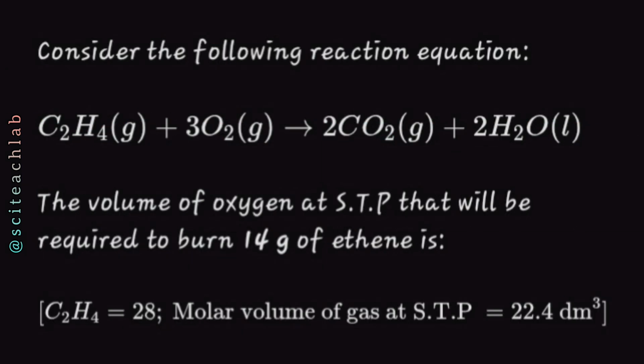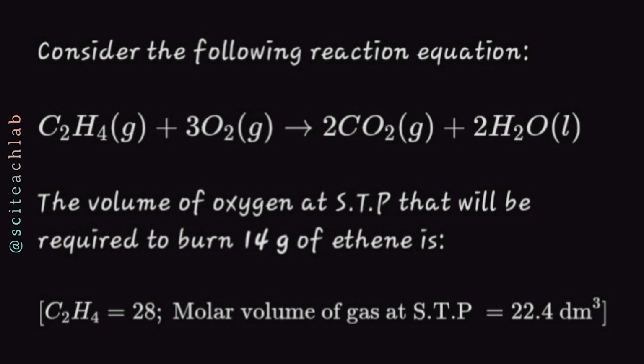Consider the following reaction equation. C2H4 gas plus 3O2 gas yields 2CO2 gas plus 2H2O liquid. What will be the volume of oxygen at STP that will be required to burn 14 grams of ethene?